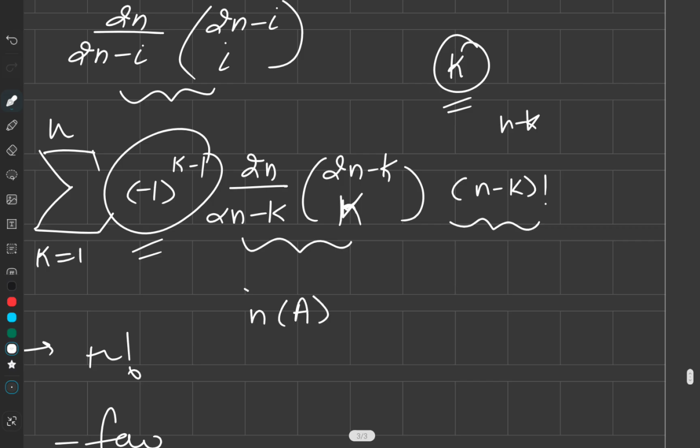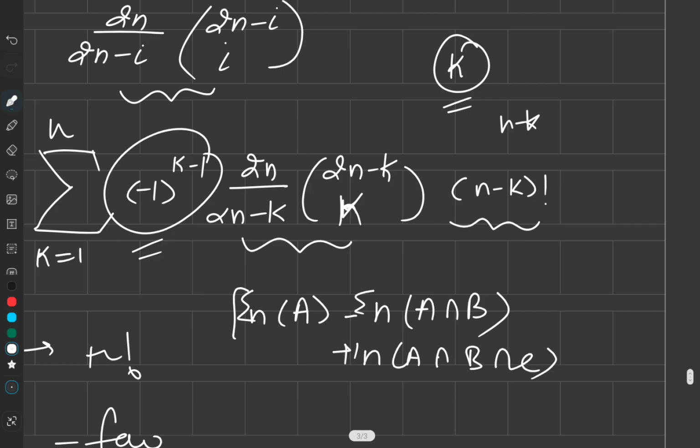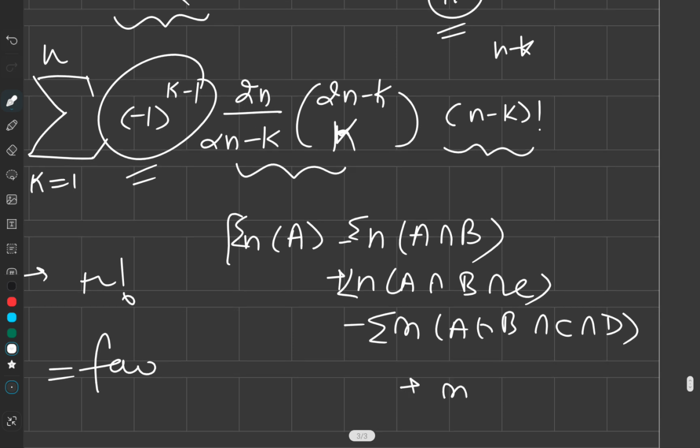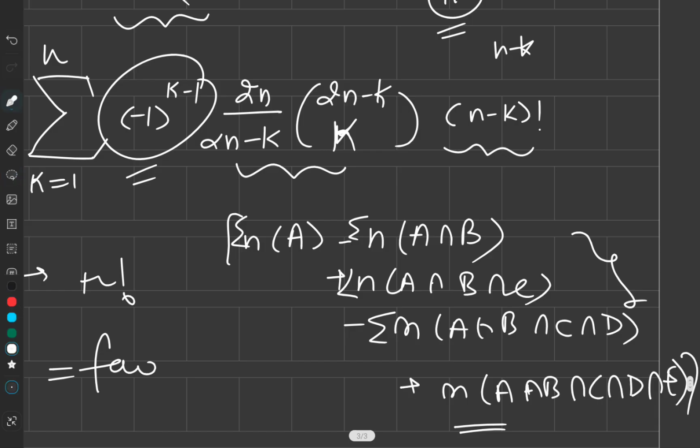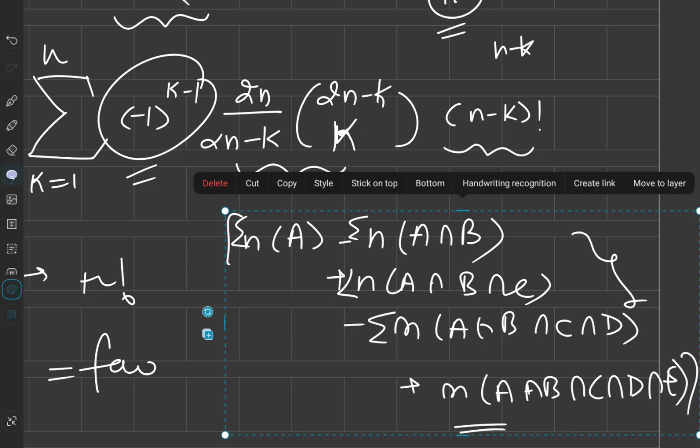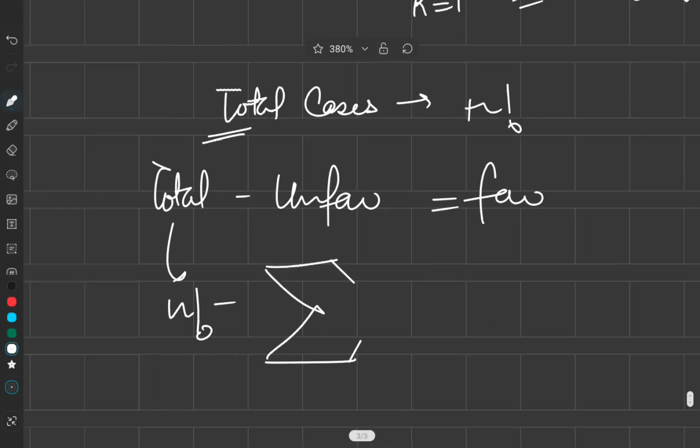N(A) minus N(A plus B), the summation, minus N(B C D) plus N(A B C D E), like that it goes for the inclusion exclusion, right? So for that we have the alternating signs, starts with a positive always, right?